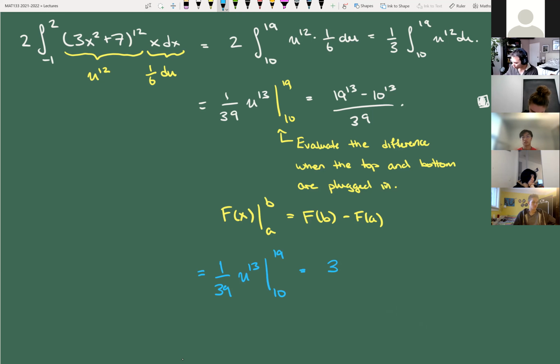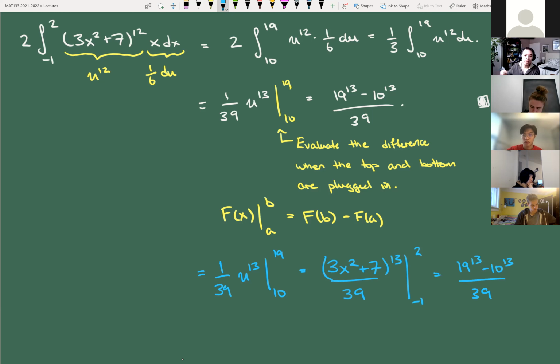So if we return to the x's, 3x squared plus 7 to the 13 over 39, when I evaluate, I also am going to go back to -1 and 2 now, right? So if you want to, you can go back. And then if you evaluate it, you see you get the exact same answer, right? You still get 19 to the 13 minus 10 to the 13 over 39.